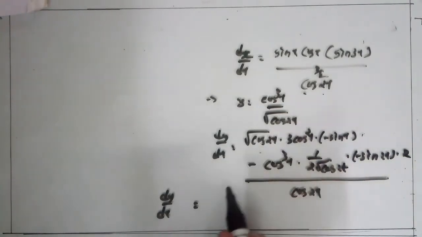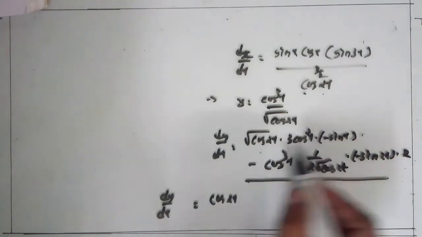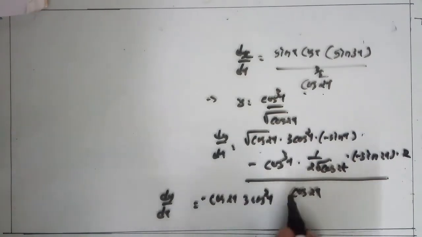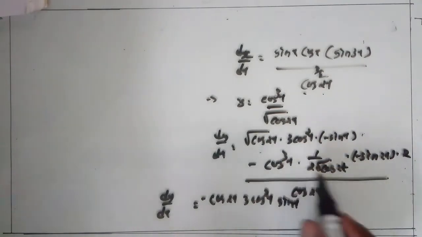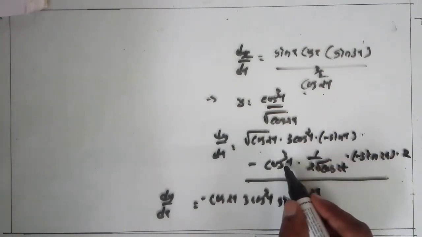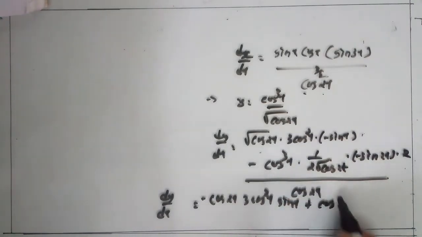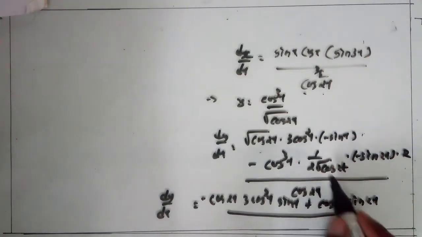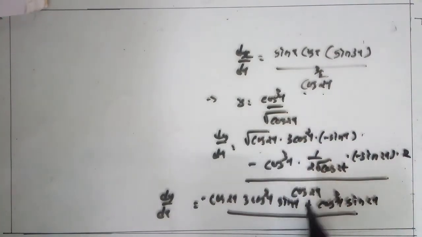Root cos 2t, take LCM, so we get here cos 2t, here minus applied to the first, 3 cos square t, clear, into sin t, here minus minus becomes plus, here it becomes cos cube t into sin 2t, upon, after taking LCM, cos 2t raised to 3 by 2. Clear?